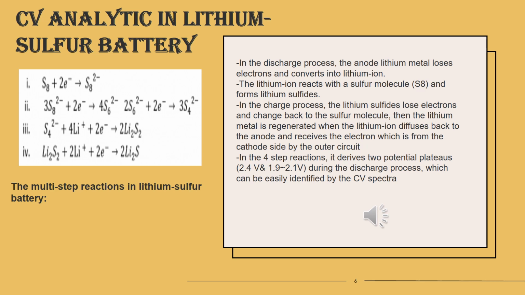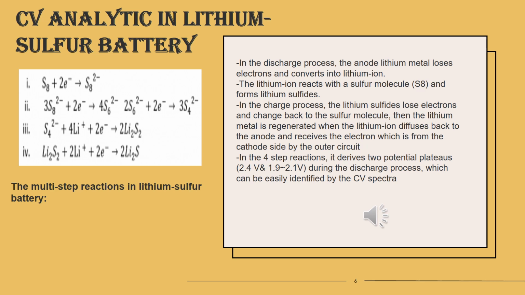However, several intermediates are supposed to be generated as discharge products on the cathode side. In the first step reaction, it derives two potential plateaus, which are 2.4 volts and 1.9 to 2.1 volts during the discharge process, which can be easily identified by the cyclic voltammetry spectra.